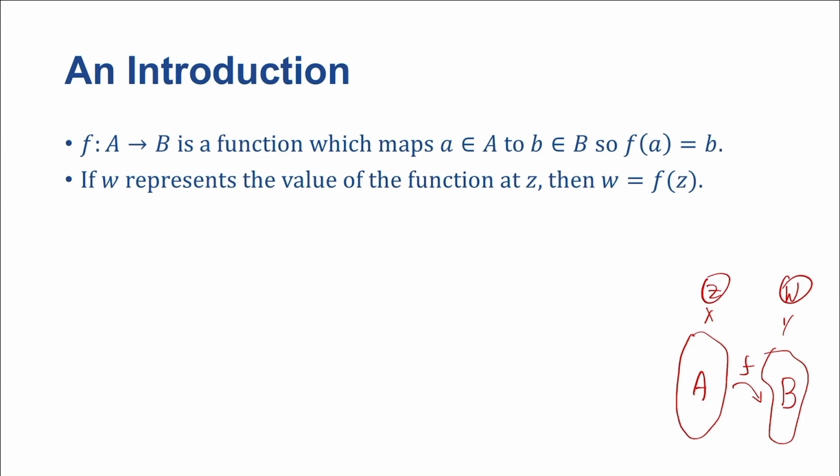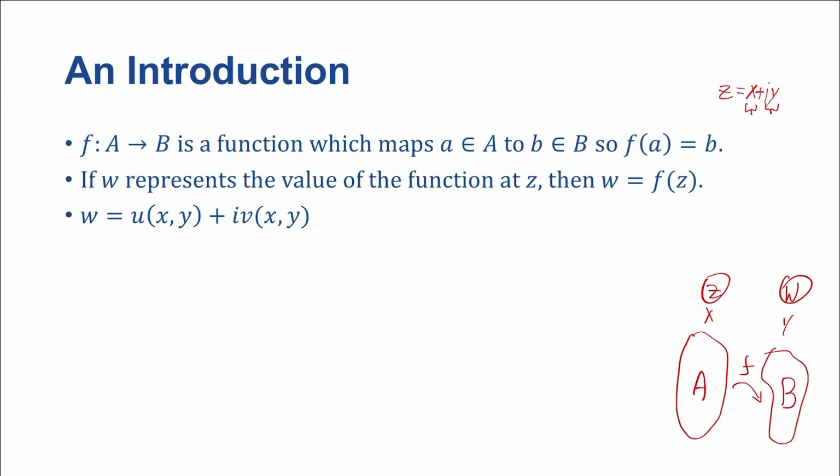Now we need to be very careful about what we're considering f of z to be. In complex algebra, we've always defined z to be equal to x plus iy. So z itself is a function of x and y, and we represent w as some function u of x, y, which represents the real part, plus i times v of x, y, which represents the imaginary part.